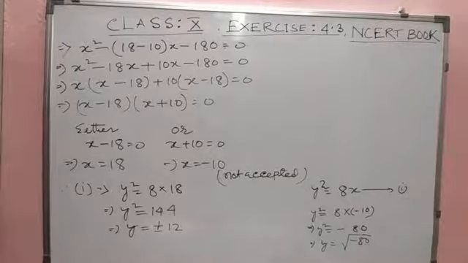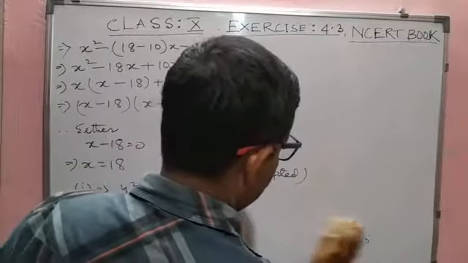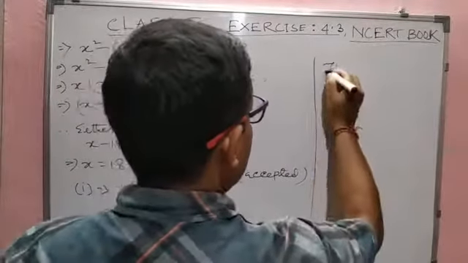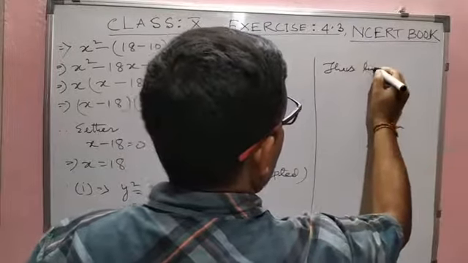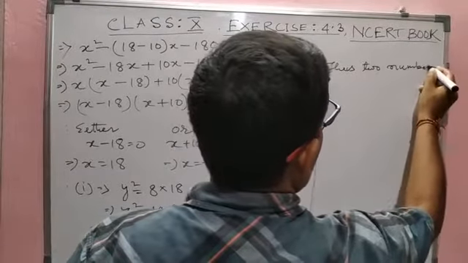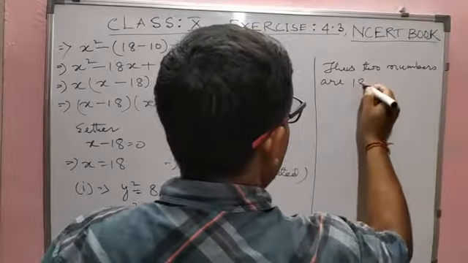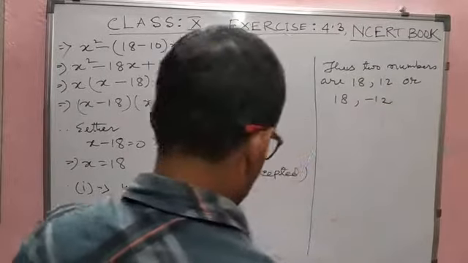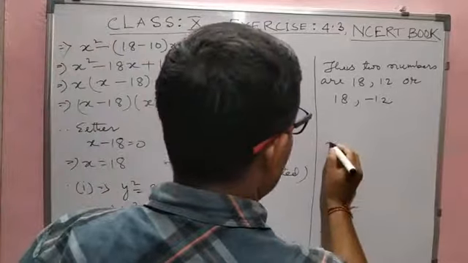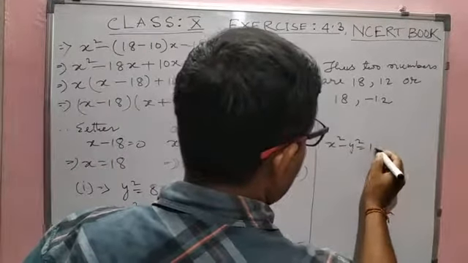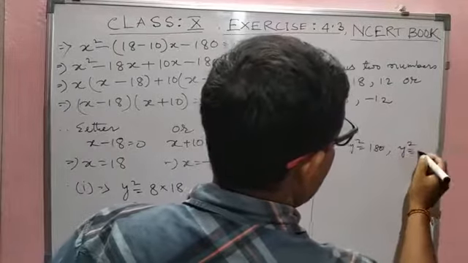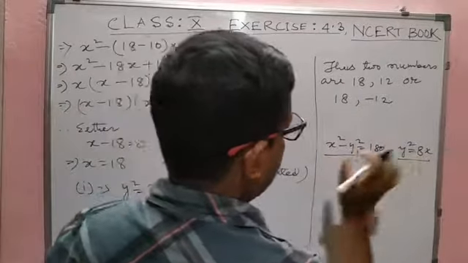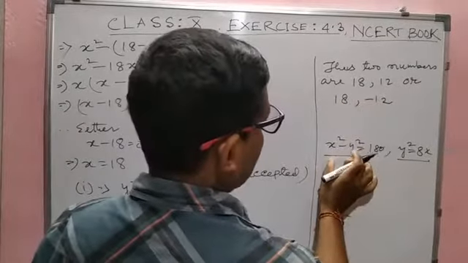Thus we get the two numbers are 18, 12 or 18, minus 12, because 18, 12 will satisfy both these equations. 18, minus 12 also will satisfy both.